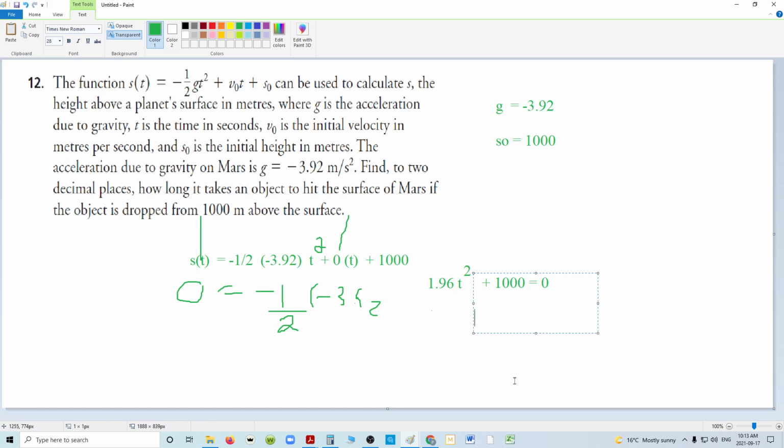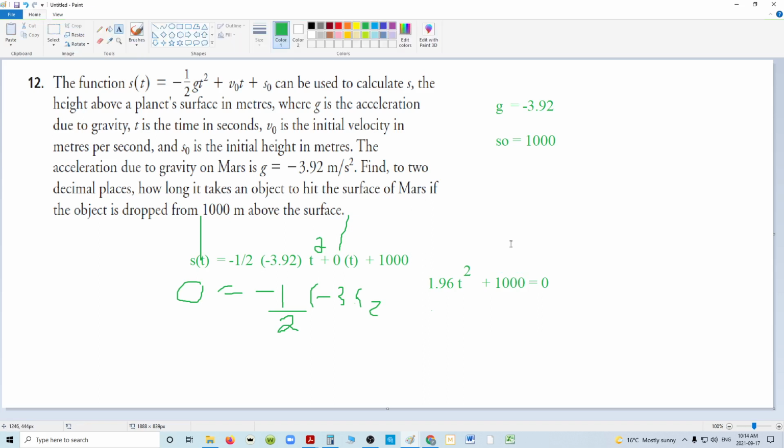Did I make a mistake here? I think I made a mistake somewhere. Well, let's just leave it in this form.